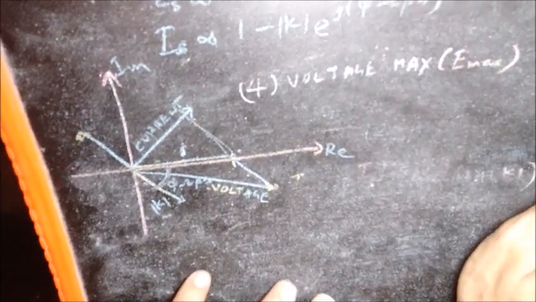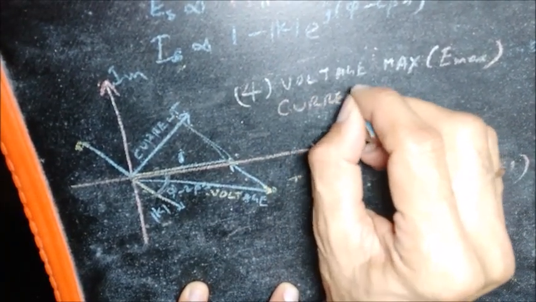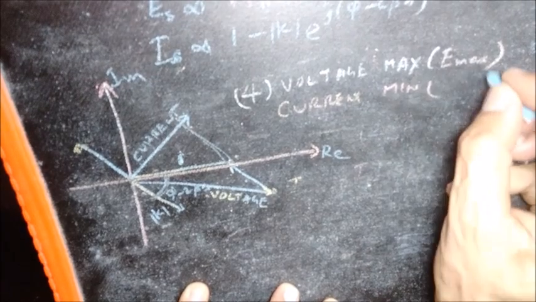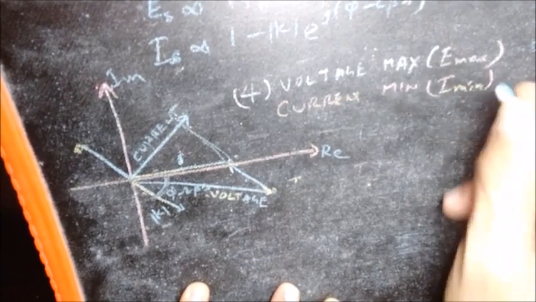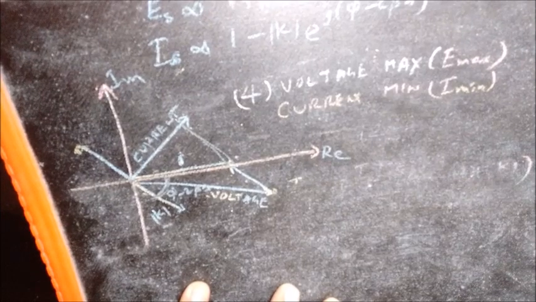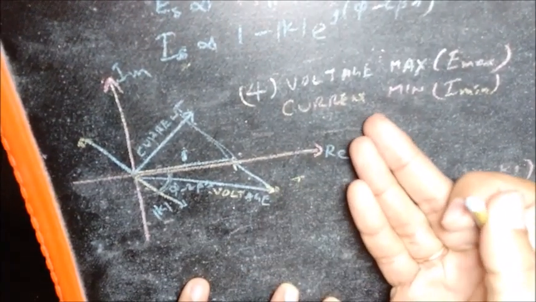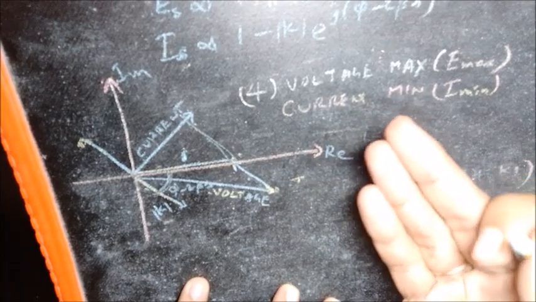So voltage maximum as well as current minimum occur at the same location on the line. We can easily understand this from the phasor. It is also intuitively correct.